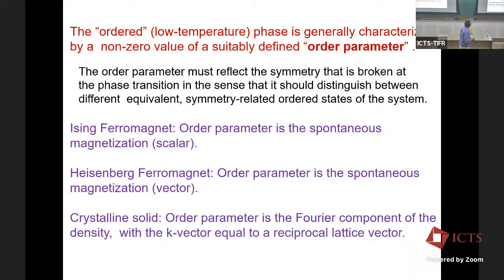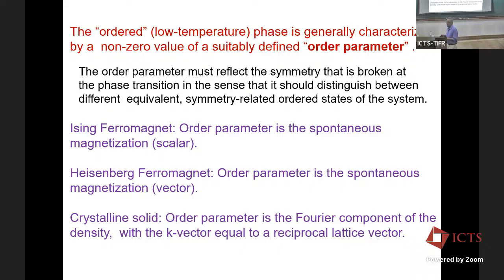I also talked a little bit about the liquid to crystalline solid transition. The order parameter there is a little bit complicated, but if you think about it, this order parameter should tell you that the system has gone into a lattice, a regular arrangement of the particles. So something which is non-zero for a regular arrangement, but which is equal to 0 in the high temperature phase where the particles are not distributed in a regular manner.